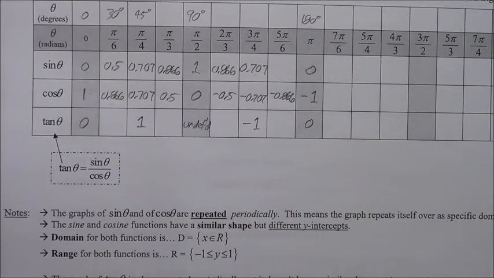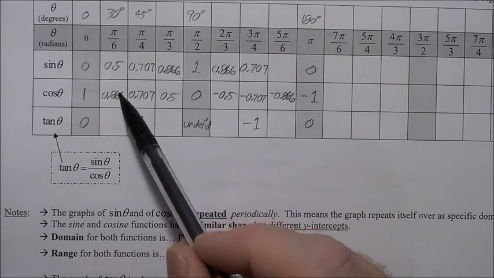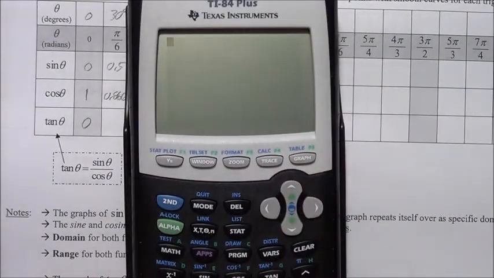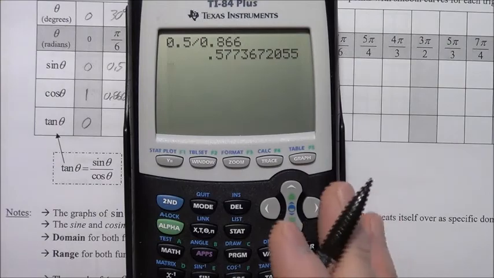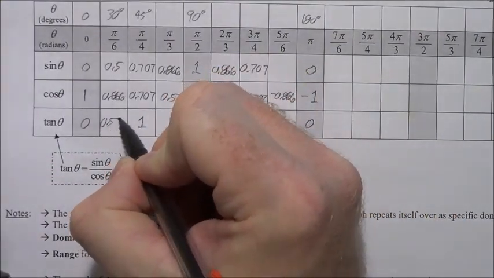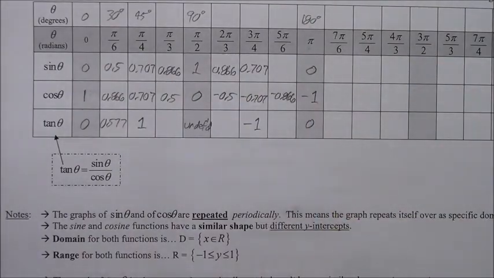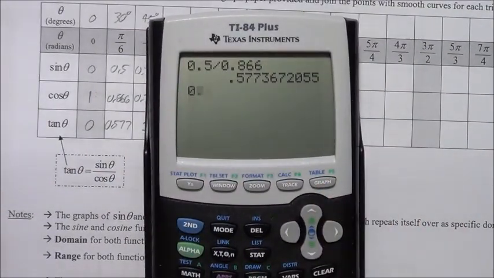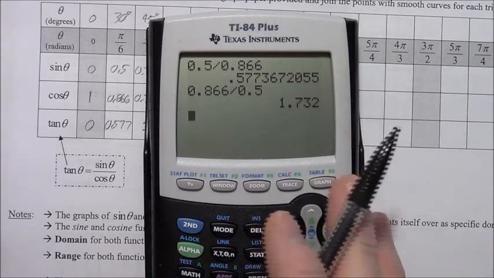Then I'm going to need a calculator for these next ones. So if I do 0.5 divided by 0.866, I'm going to get 0.577 approximately. And then for pi by 3, I divide these again. 0.866 divided by 0.5 is 1.732.